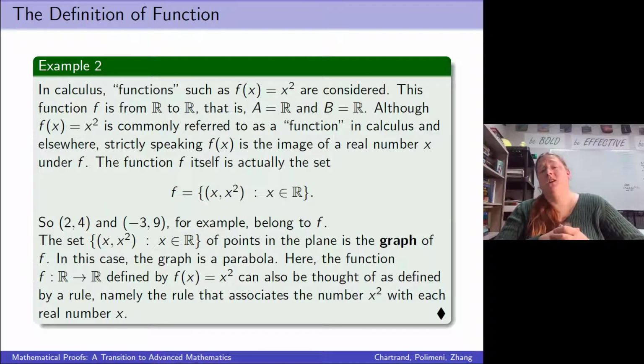So in this case, our graph is a parabola, and we have the function f mapping the real numbers to the real numbers, and it's defined by f of x equals x squared. So we can think of it as a rule that associates some number with its square for all real numbers.